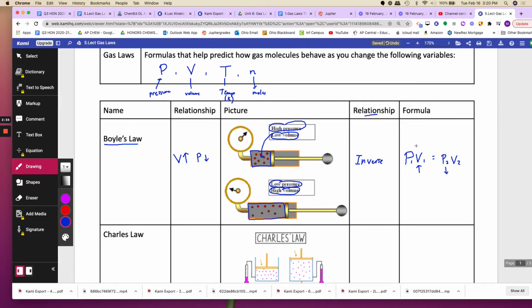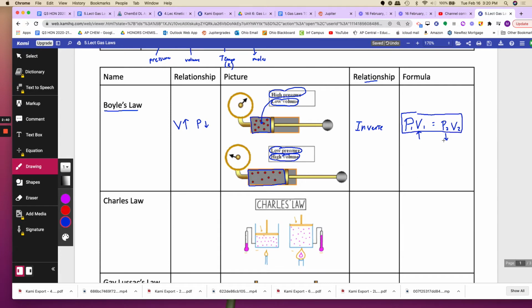Okay, so more on that later. We will practice a lot of problems for that. So the formula also states that if one goes up, the other has to go down to equalize the other side. Okay, if this one goes up, then this has to go down.